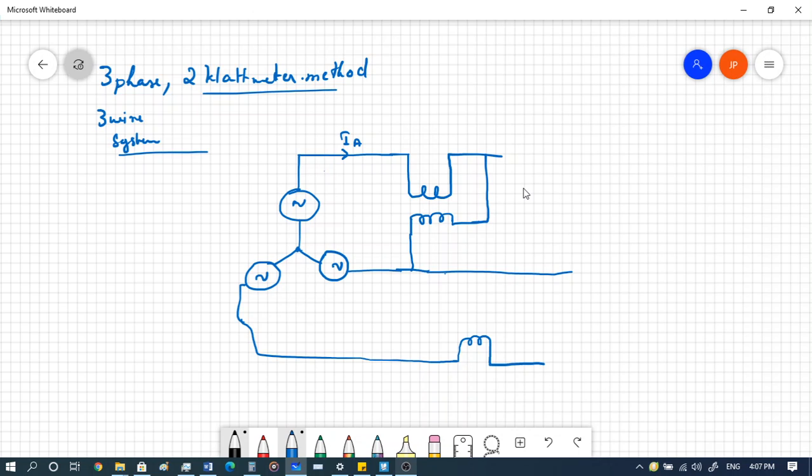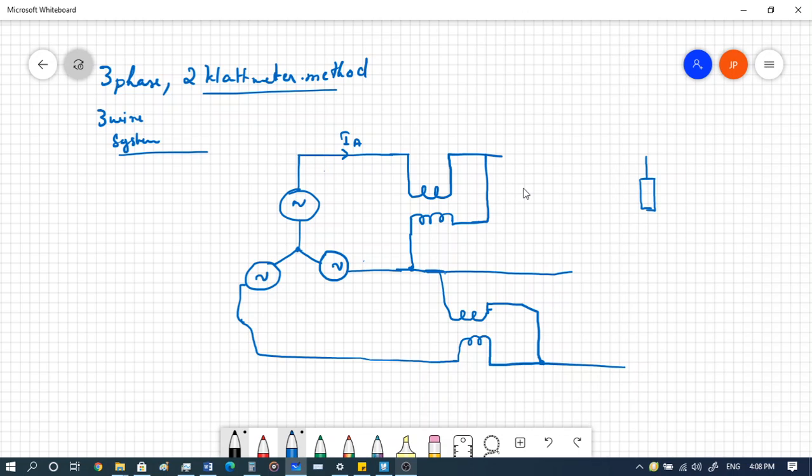So if you're taking the pressure coil from phase B, then make sure that the same is being done. So you have the pressure coil over here, then you'll connect it to phase C, right? So any one of the phases should be kept as common in this case. That is the main thing that I was trying to explain.